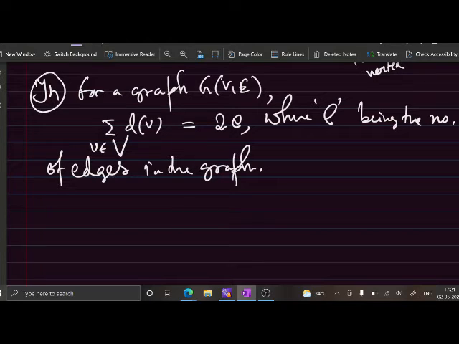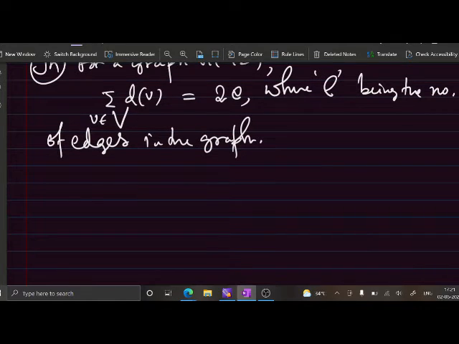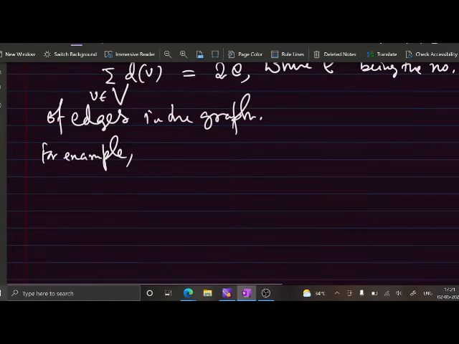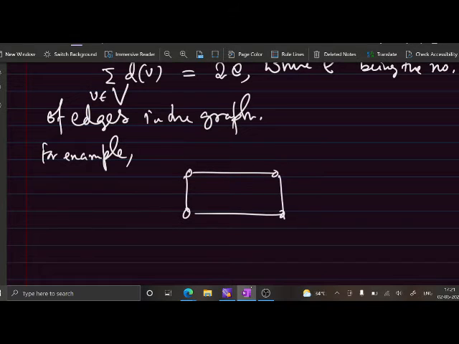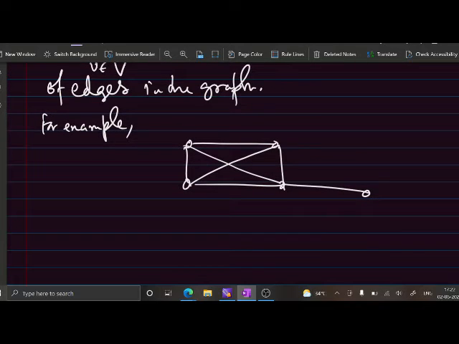And if you assume this result for the time being, suppose you take, for example, a graph where this is V1, this is V2, V3, V4, and this is V5.